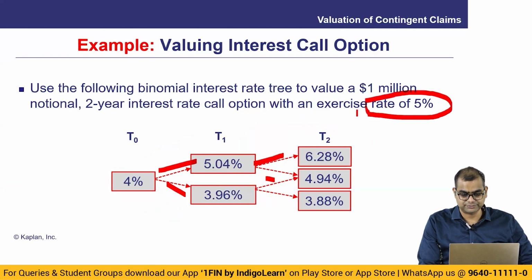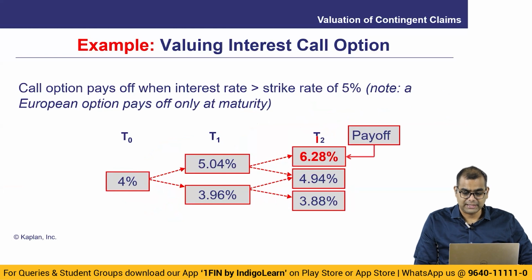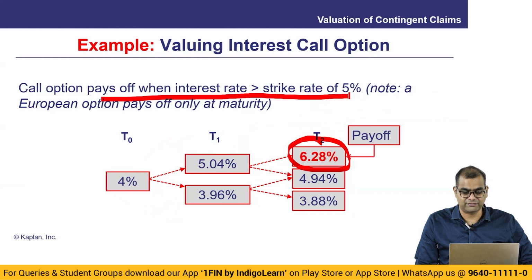So what you do is, in the last year the payoff is 6.28. The call option pays off when the interest rate is greater than the strike rate of 5%. A European option pays off only at maturity, you know all of that. So in the last period, 6.28 minus 5.